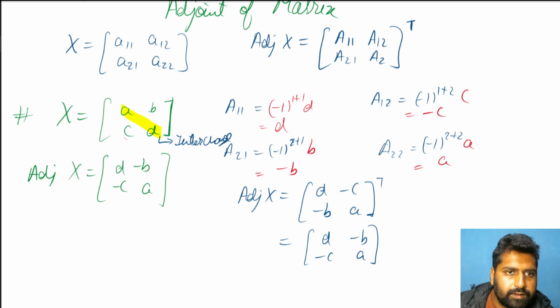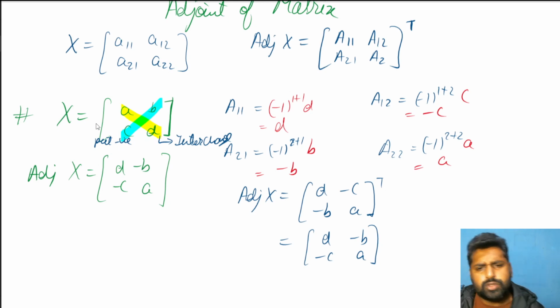For the second diagonal you apply a negative sign. So for 2 cross 2, you shouldn't take more than like 20-30 seconds to write down the adjoint of any matrix. Interchange the first diagonal, put the negative sign with the second diagonal. That's it. That's a direct approach.